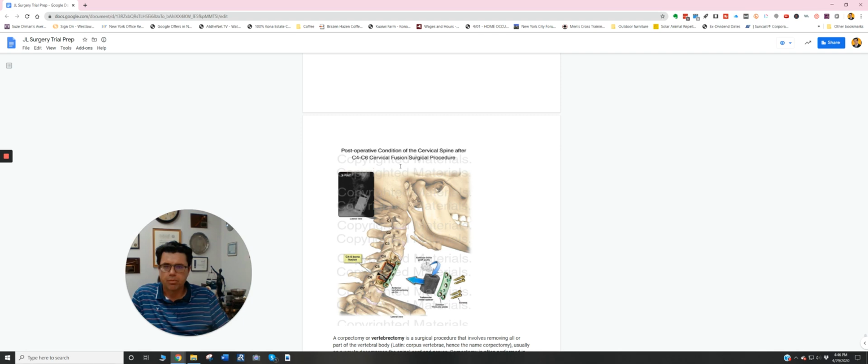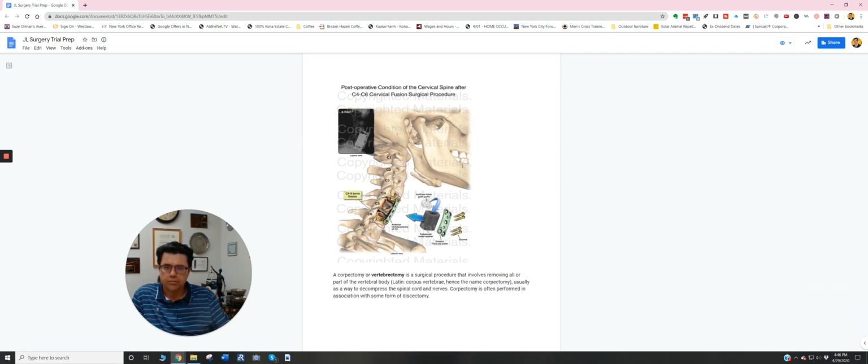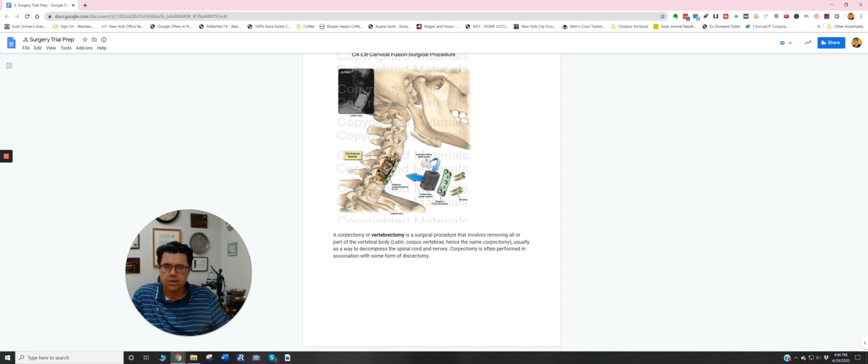And then post-operative condition of the cervical spine after the fusion procedure. That's when you see the plate and the screws being in there. So a corpectomy or vertebrectomy, removing all of the vertebral body, decompresses the spinal cord and nerves.